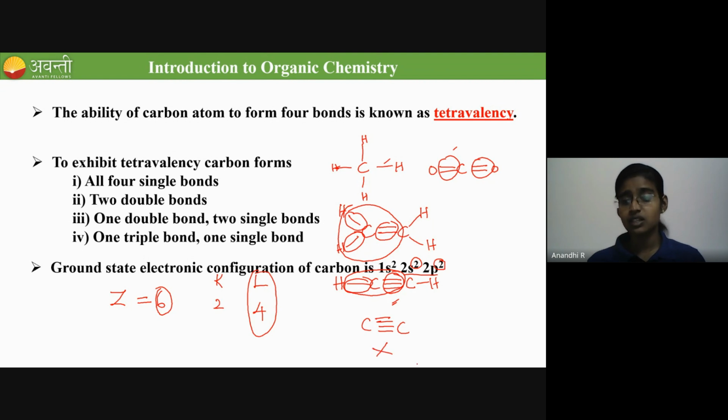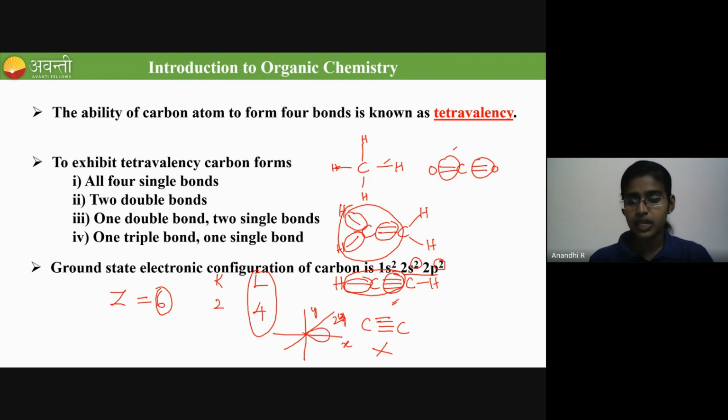You can ask, ma'am, why is a carbon quadruple bond not possible? Because we have only 3 axes, right? X axis, Y axis, and Z axis. So this is Z. And there are only 3 p orbitals. The last electron enters into the 2p orbital for carbon, right? So we have only 3 p orbitals.